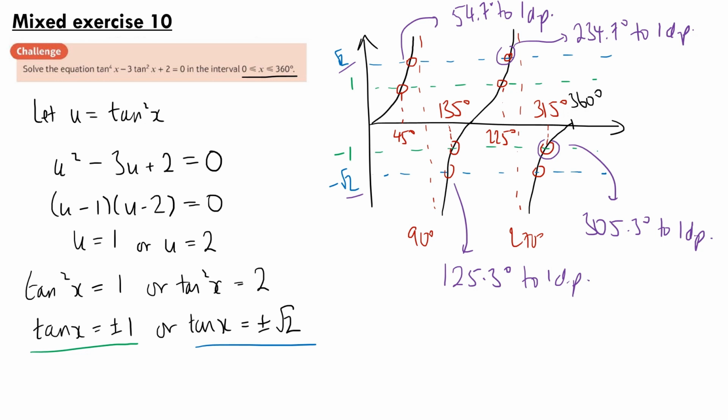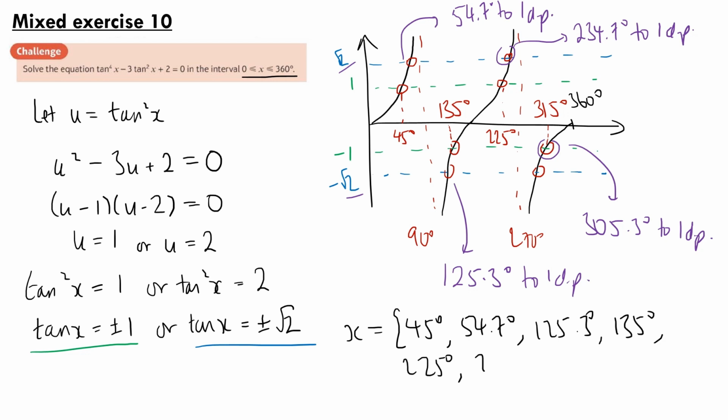And so our solutions for x are 45 degrees, 54.7 degrees, and then we've got 125.3 degrees, 135 degrees, then we've got 225 degrees, 234.7 degrees, 305.3 degrees, and finally 315 degrees. And those are our 8 solutions.